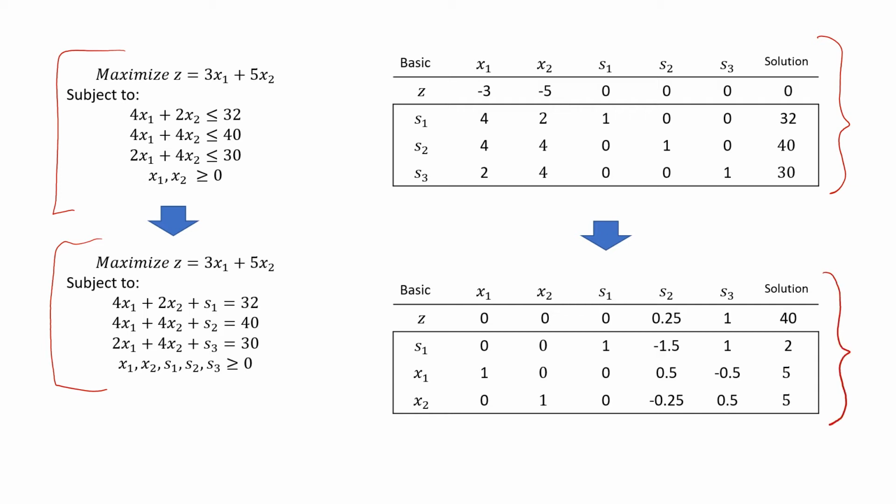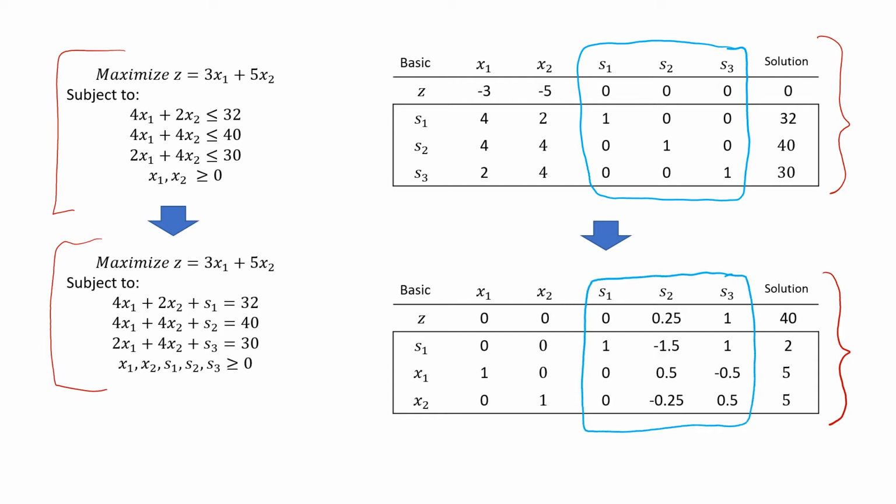In our original tableau, our basic variables are S1, S2, and S3. And notice that in the tableau, they form an identity matrix. Now take those same columns in our optimal tableau, and they form another matrix.